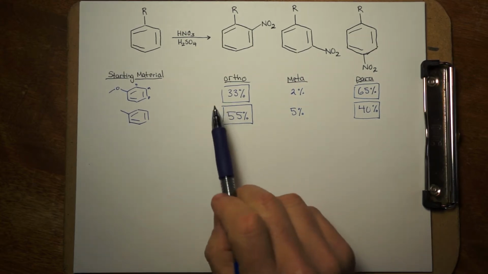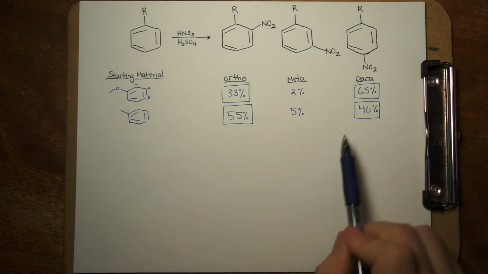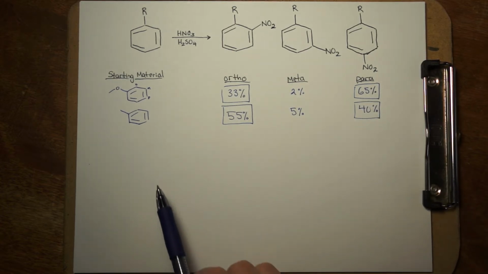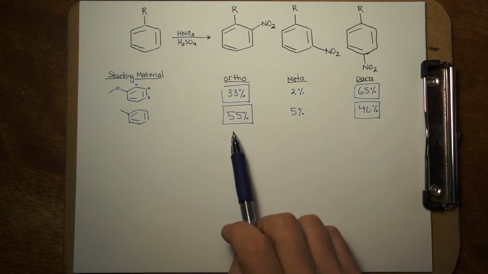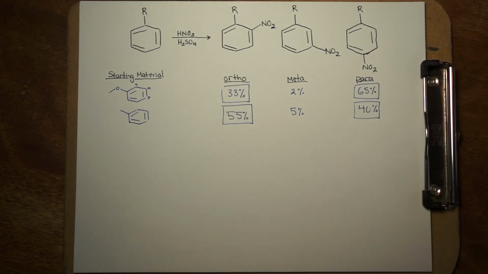Now a little comment here. You might be looking at this and saying to yourself, well, in this reaction up top, we're making slightly more of the para product and slightly less of the ortho product. And when we switch that to a methyl group, now we're making slightly more of the ortho product and slightly less of the para product. Try not to focus too much on that. We'll look at a couple of reactions where we can adjust those ratios, but ultimately the exact ratio of ortho to para is really going to depend upon the reaction conditions that we choose.